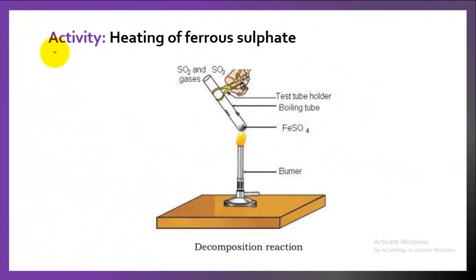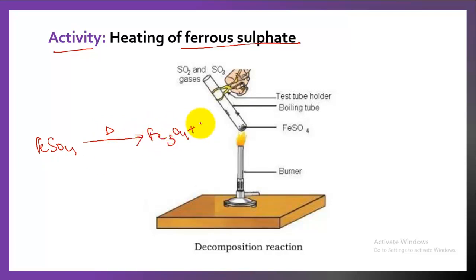So let us do one activity related to heating of ferrous sulfate. In this case we have FeSO4. When we heat FeSO4, we get Fe3O4, and along with that it breaks to form SO2 and SO3 gas.